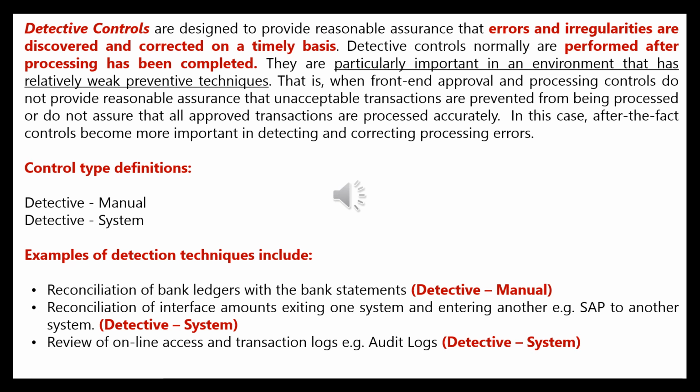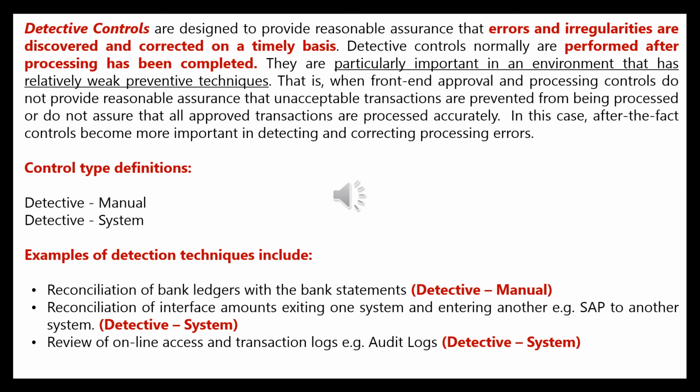Let's say one example is reconciliation of bank ledgers with bank statements. It's a detective control, manual control. This can also be automated depending on the type of system you have, and if the system is automatically doing it these days, this could be detective and automated as well. Again, reconciliation of interface amounts exiting one system and entering another.